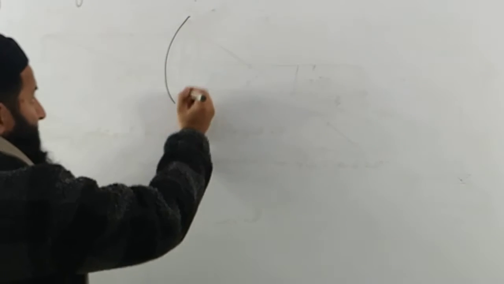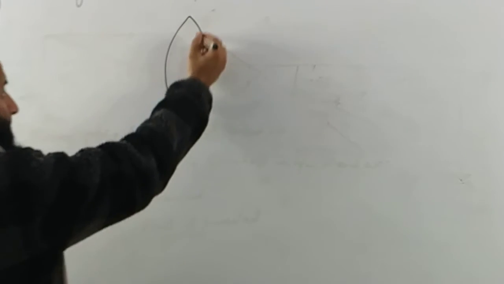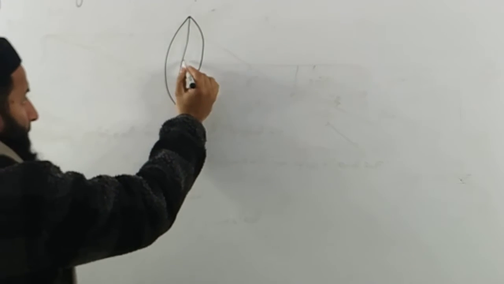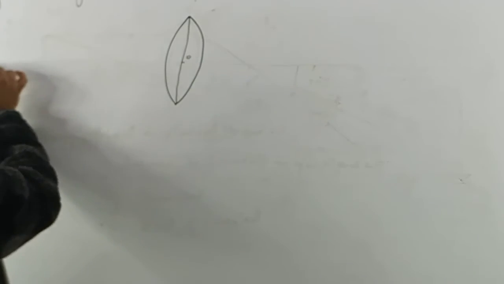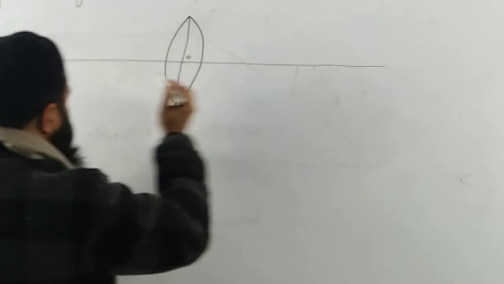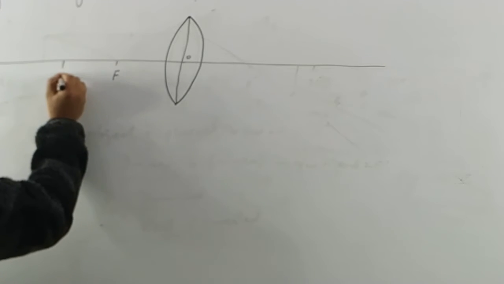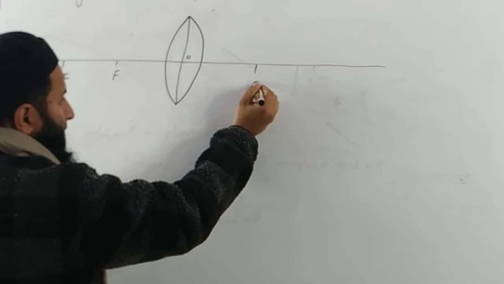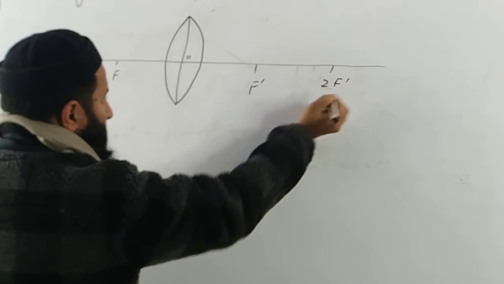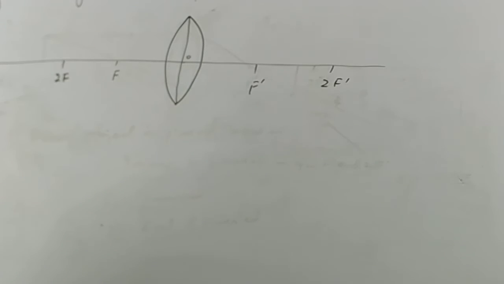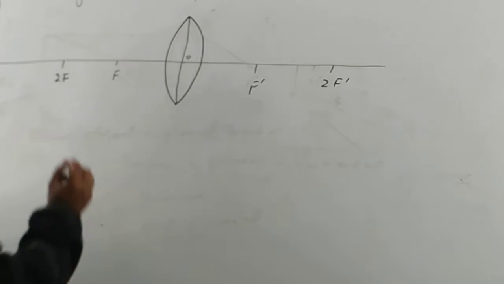A convex lens, this is the optical center, principal axis, focus, double focus, again focus, double focus. Okay, let me keep the object at 2F.